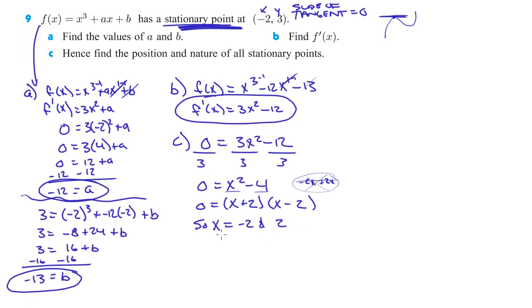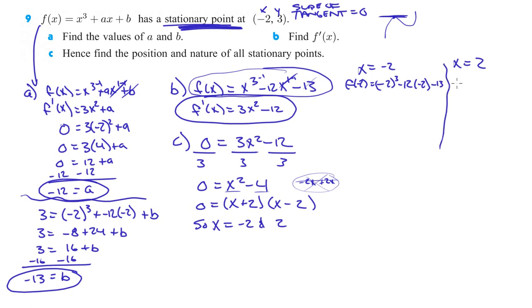Okay? So to find the y coordinates, we've got to plug those into the original function, which is this one here. If x equals negative 2 and then x equals positive 2, so we could do f of negative 2 equals negative 2 cubed minus 12 times negative 2 minus 13.